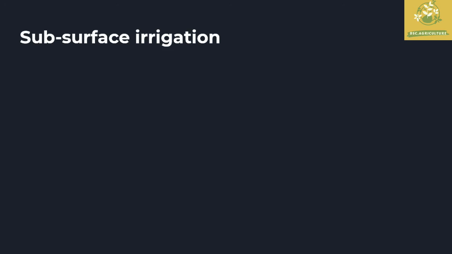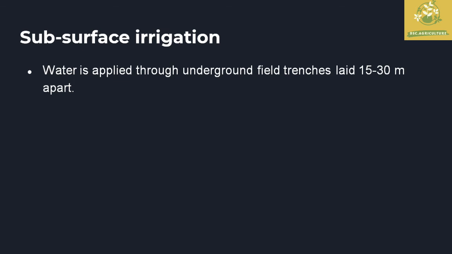And the second is subsurface irrigation. Subsurface irrigation is nothing but an underground field trench laid below, 15 to 30 meters apart from the water streams, where this irrigation is done.